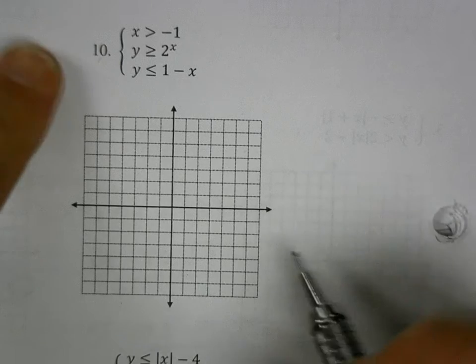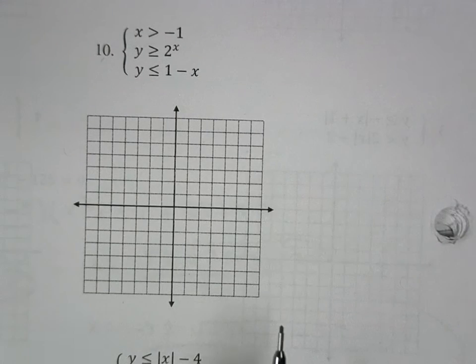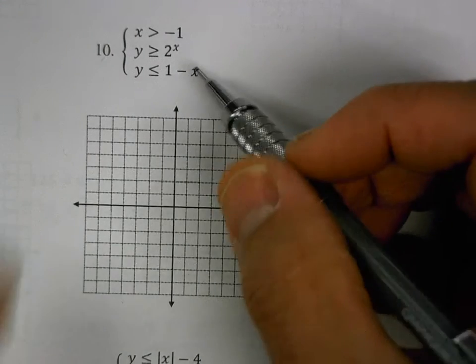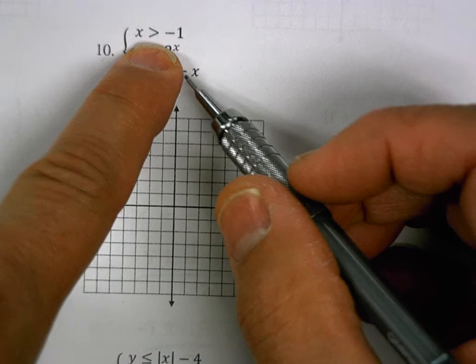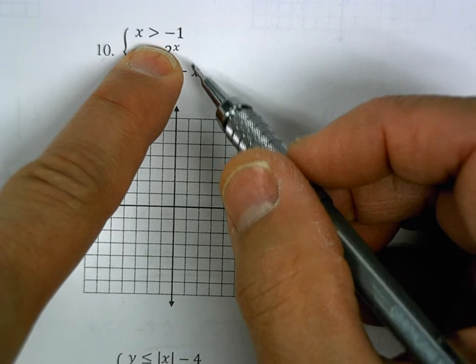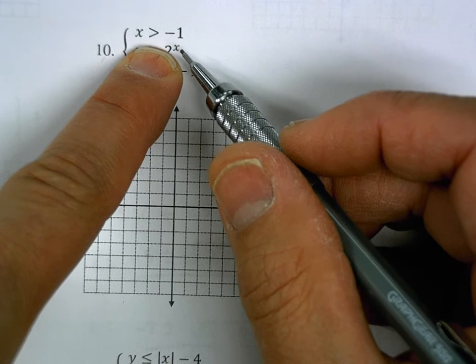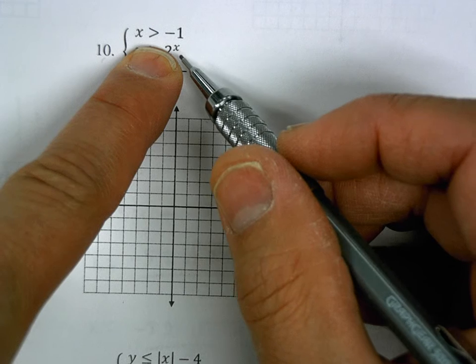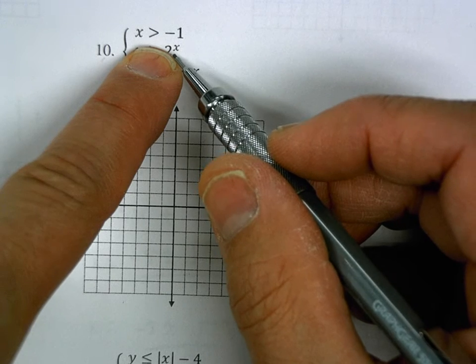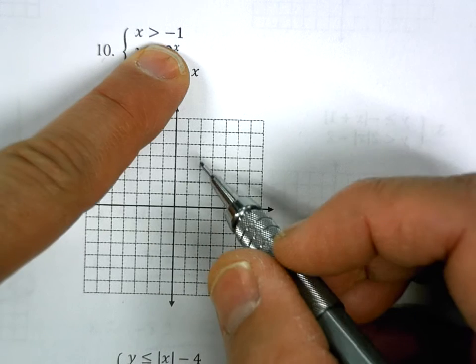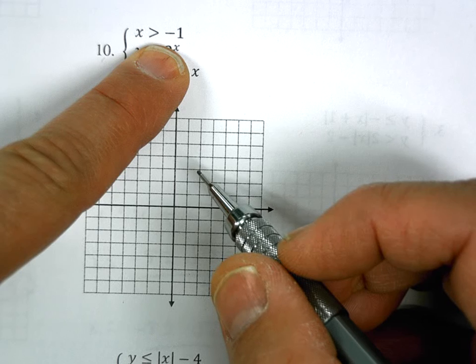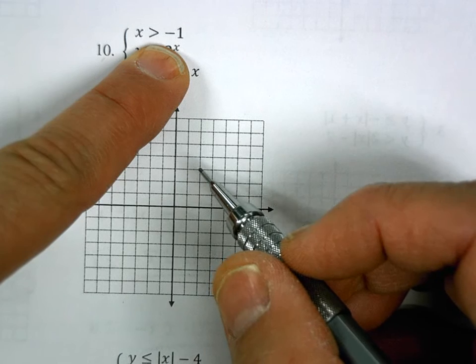So let's graph all three of these. Okay, x is greater than -1. Okay, is this dotted or solid? Yeah, why is it dotted? There's no equal, okay. Ethan, as he's drawing there, is this a vertical or a horizontal line?